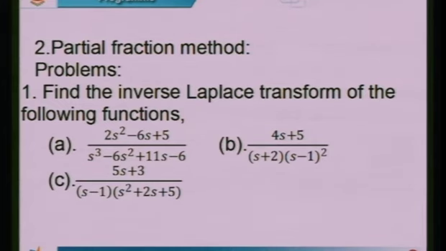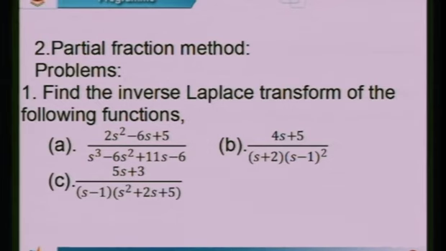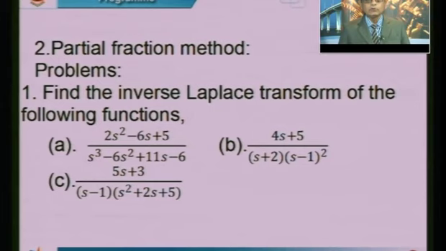Such functions we did by using the multiplication of t raised to n formula by taking n equal to 1.